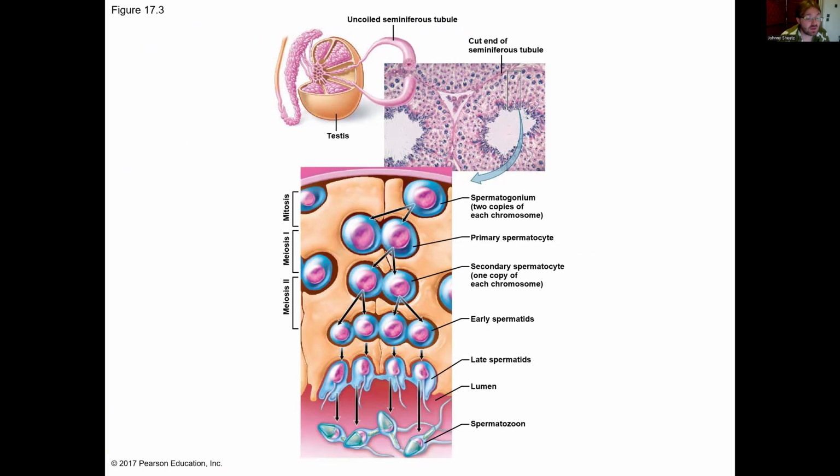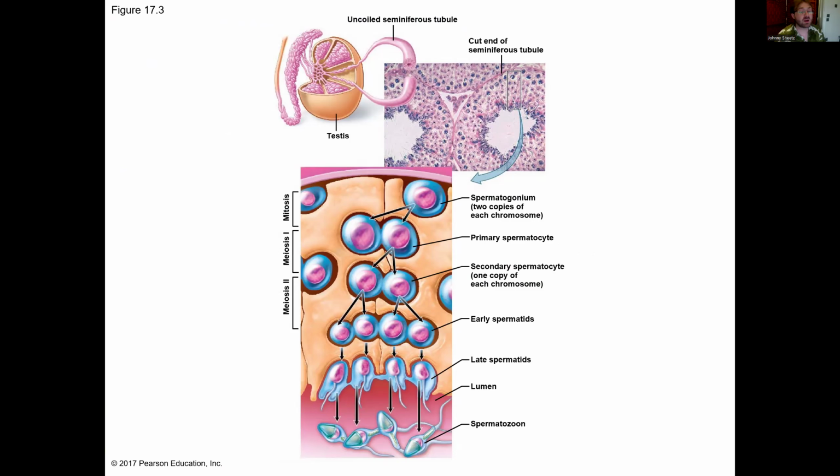And here you can just see how that process works. We start with our spermatogonium, 2 copies of each chromosome. That's going to divide into a primary spermatocyte, 1 copy of each. That's going to replicate and then divide into a primary spermatocyte. That's then going to divide into a secondary spermatocyte, which has 1 copy of each chromosome.